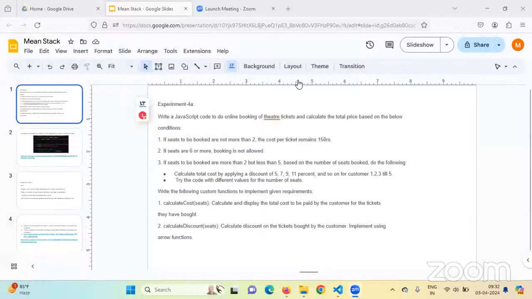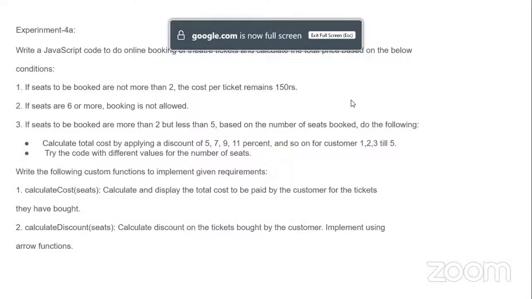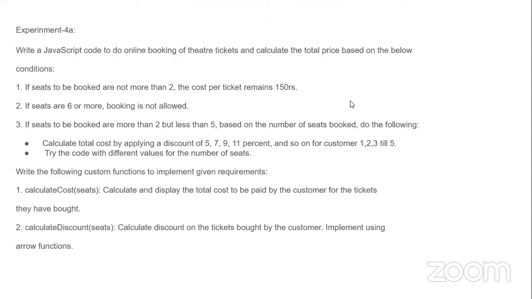Yeah, so if we look into the first lab that you have, similar to whatever we saw yesterday, you are again required to do some calculations based on these conditions. Write a JavaScript code to do online booking of theater tickets and calculate the price based on the below conditions.